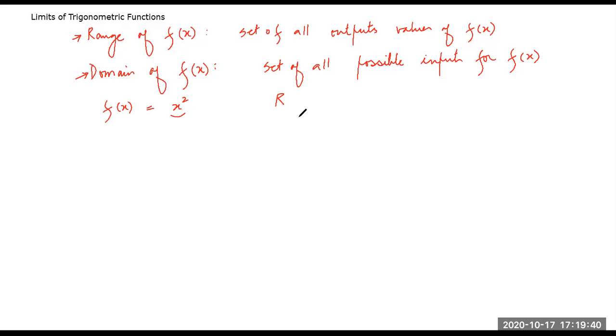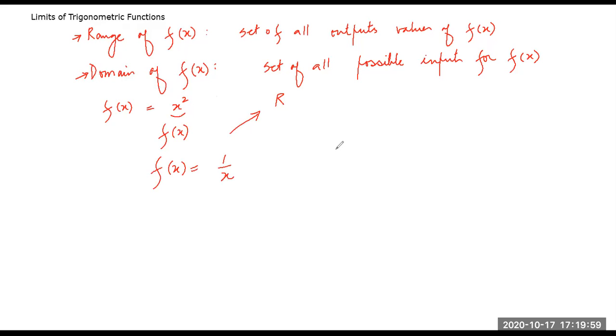Corresponding to the values of x, the values of f of x would be the range of this function, right? But let's say we talk about a function f of x is equal to 1 by x.